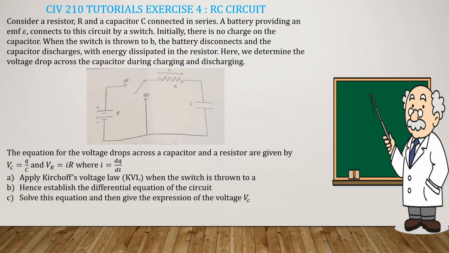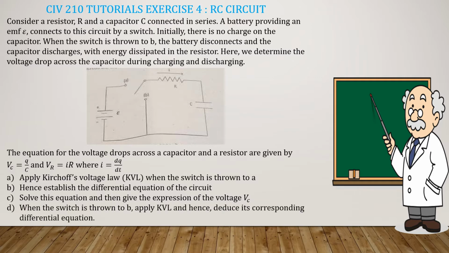C says solve this equation and then give the expression for the voltage VC. D: when the switch is thrown to B, apply Kirchhoff's voltage law and hence deduce its corresponding differential equation. Okay, so let's look at how we can solve this question.